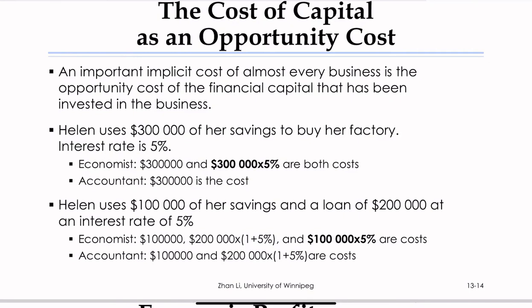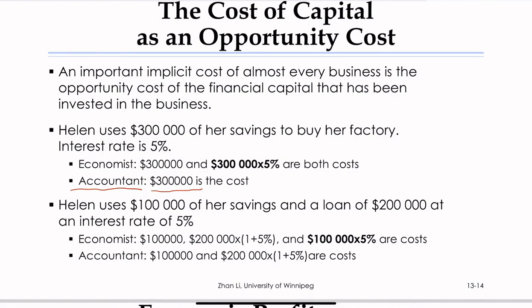Well, first let's think about the simple case, right? The accountant case. An accountant would only care about the explicit cost. So she would only record $300,000 as the cost.